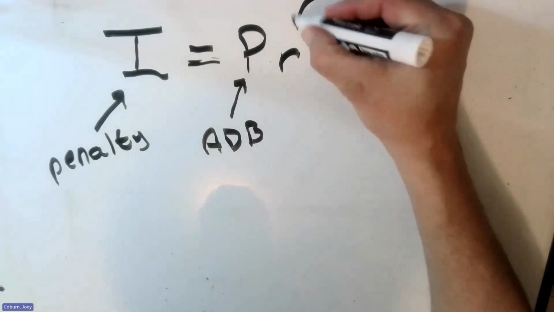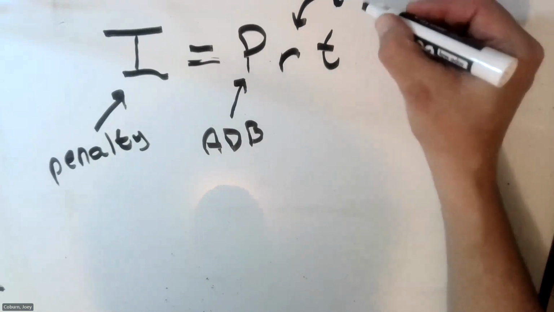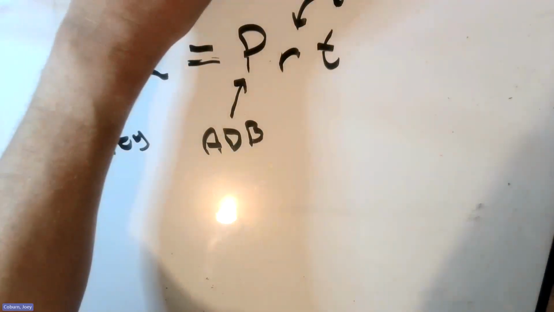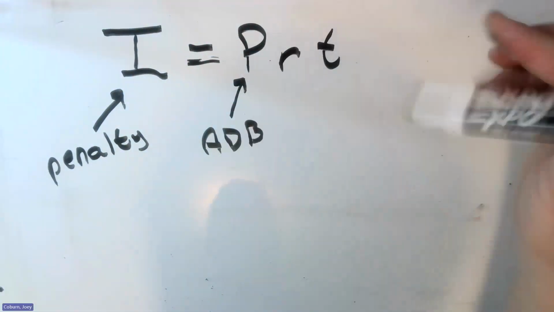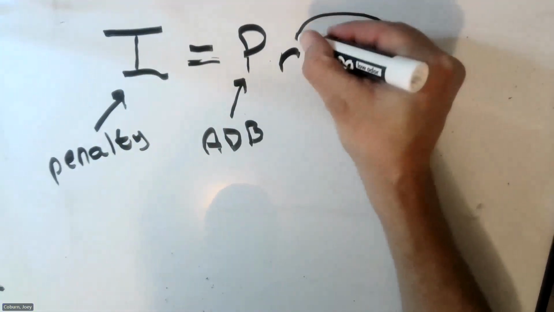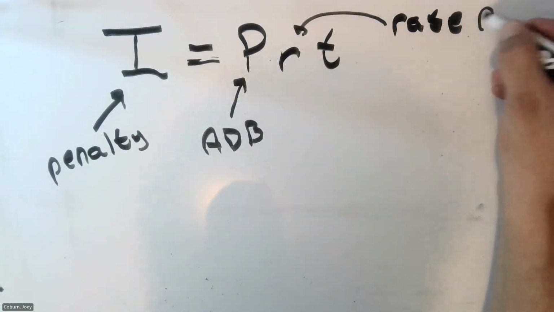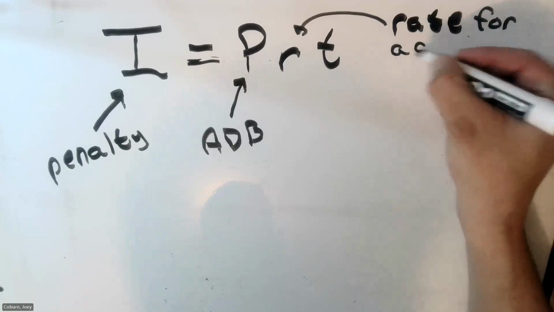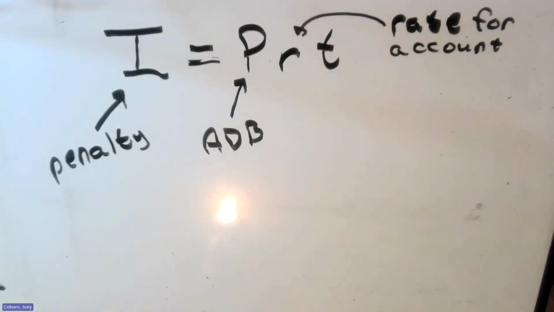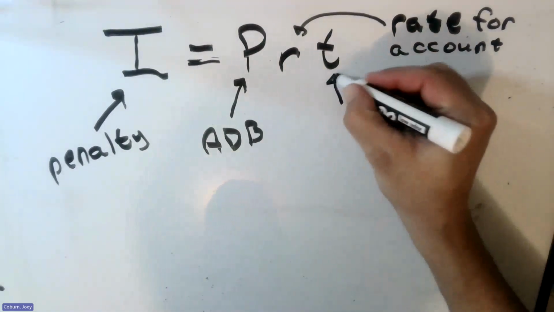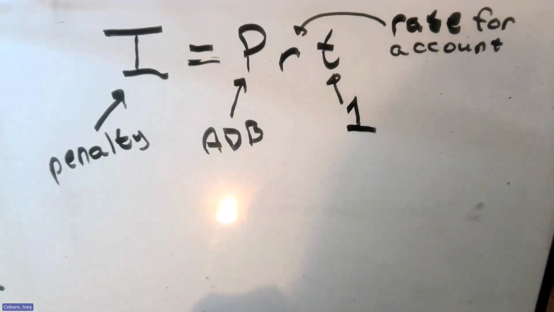And then this is the interest rate on the account. And as a default in this section, they're going to set the time period to 1.